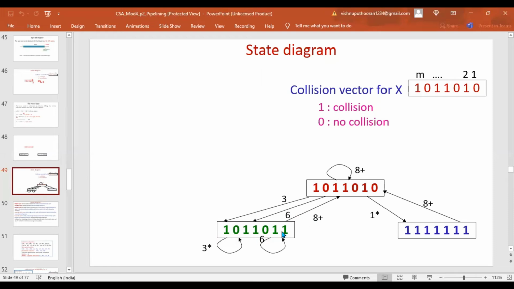If we do an 8 plus shift in the new state, then we get the same initial collision vector. And if we do an 8 plus shift in the initial collision vector itself, we get the same initial collision vector. That is represented as 8 plus leading to the initial collision vector in both the states.